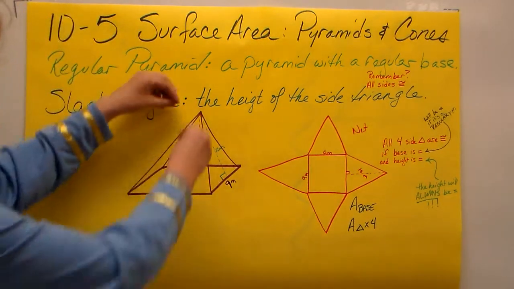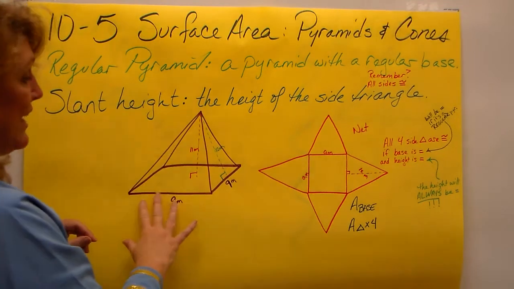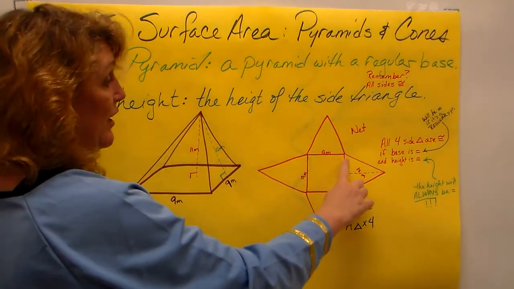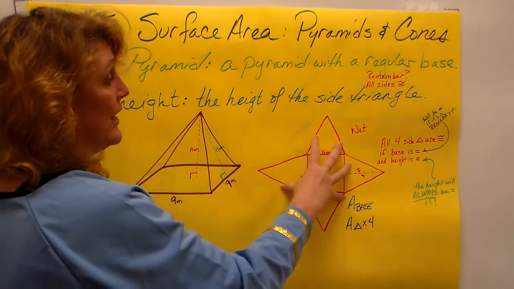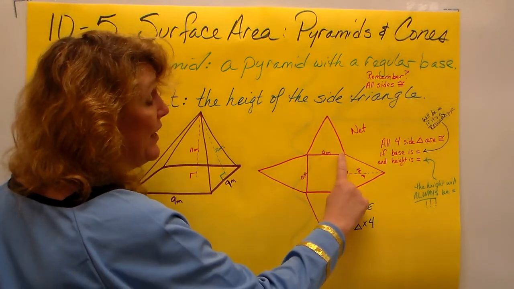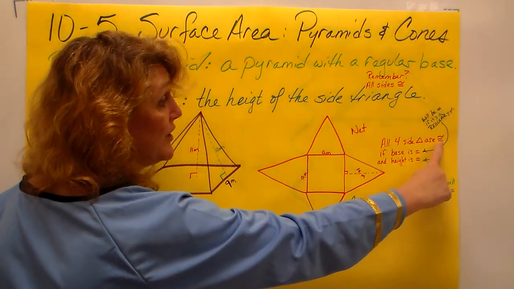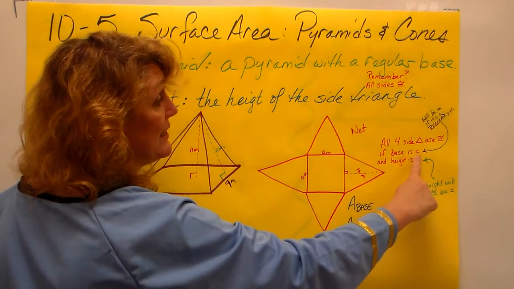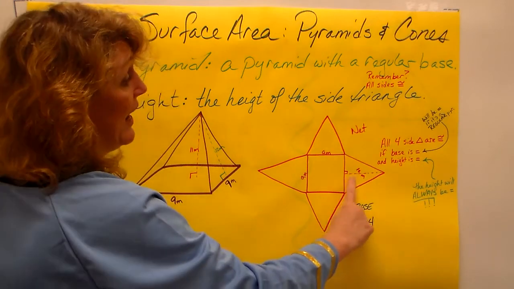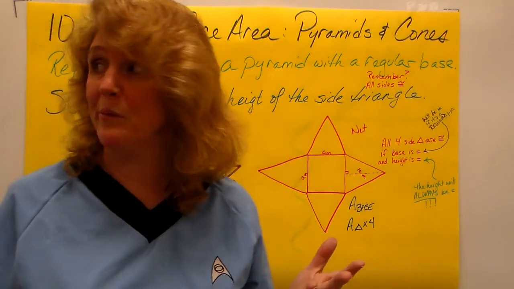Now, if you were to open up all four sides of this and lay them out flat on each side of your square, you would get a net that looks like this. If this is a regular shape, all sides are congruent, the base is equal, and the height of all of your triangles in a pyramid are always going to be equal.